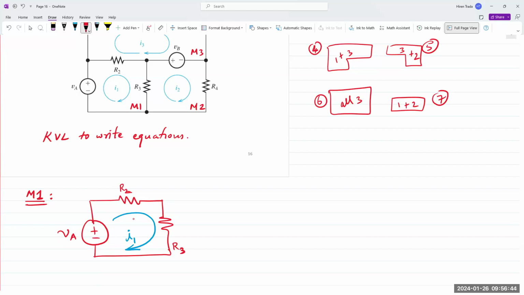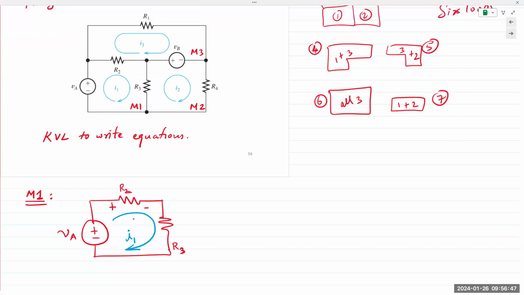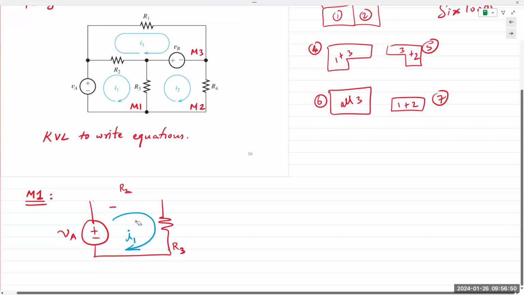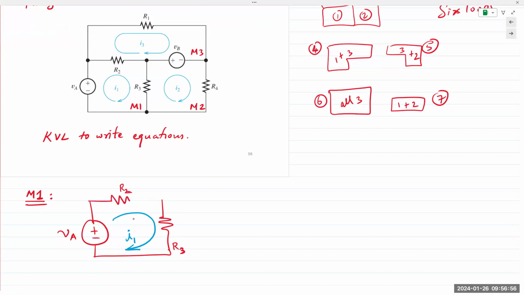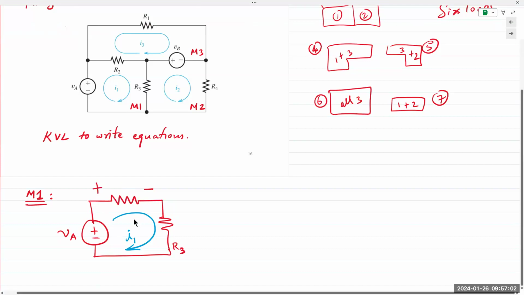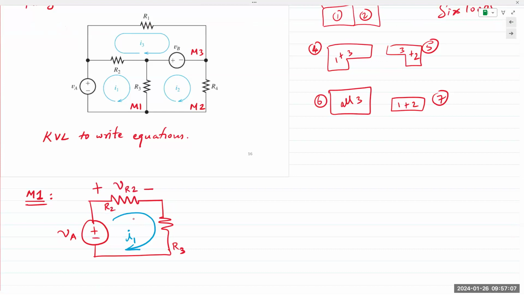So I1 is going to cause a voltage drop across R2 with this polarity, plus, minus, and I will simply call this VR2. Same thing for R3. I1 is going to cause a voltage drop across R3, point of entry is plus, point of exit is minus, and that is going to be VR3.